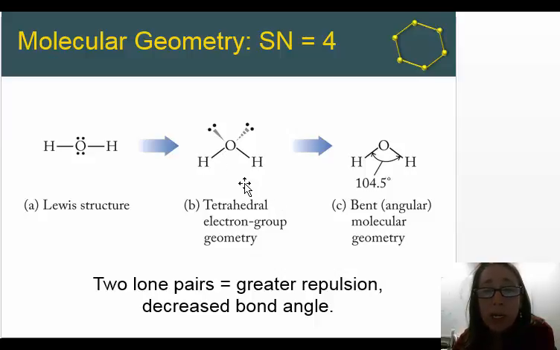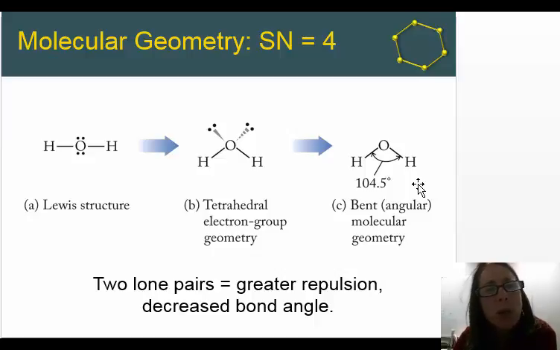So what is the bond angle going to be? Well, it's going to be less than 109.5 and even smaller than the bond angle in ammonia, because ammonia only had 1 lone pair. And when we actually determine the bond angle in water, it turns out to be 104.5. So that is smaller than 107.